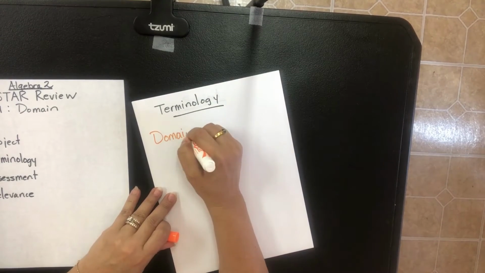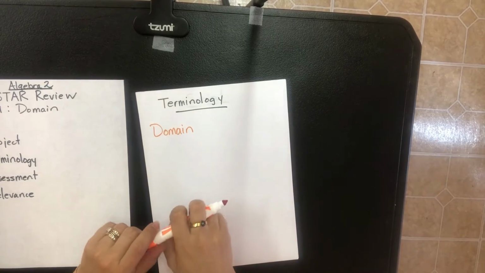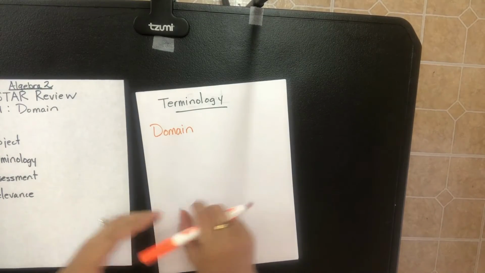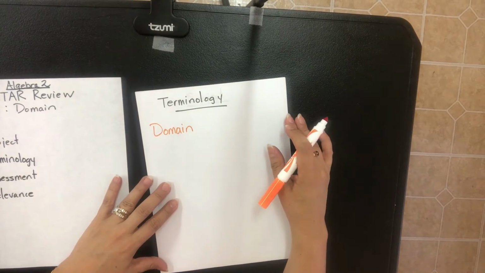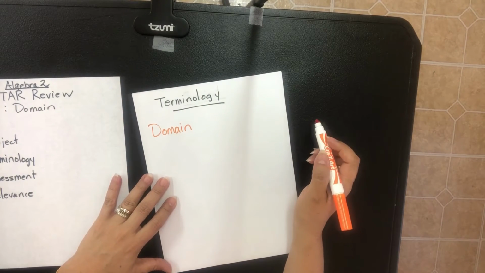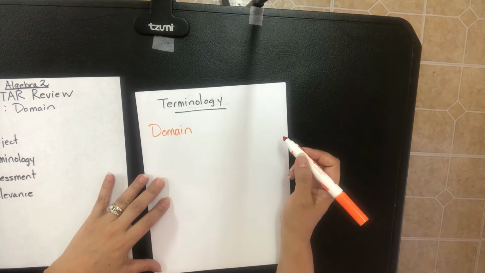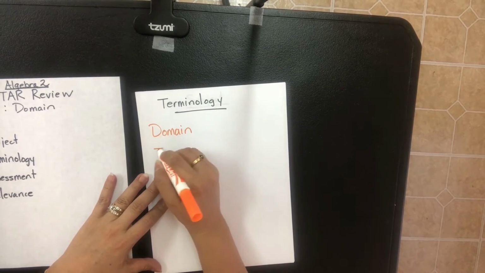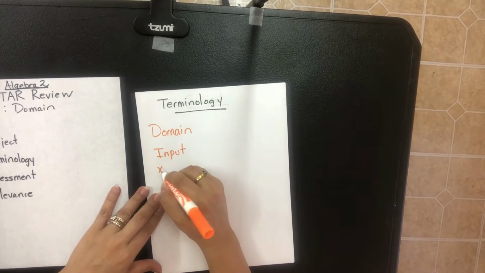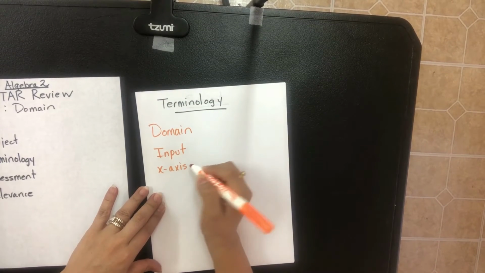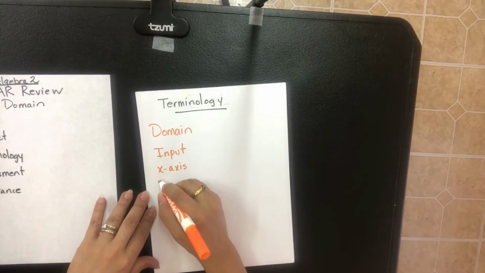when you think about that, really means your area, what you're most inclined to use or consider as your area. There are other words that are associated with the word domain in mathematics. One of them is input, the x-axis, or just the x.